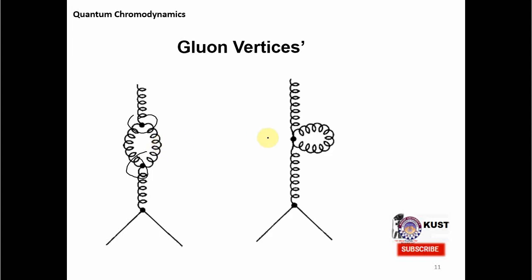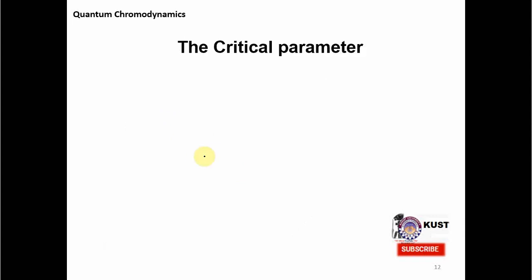We can also have different kinds of gluon vertices, as you can see here, another gluon vertex. The problem is that these gluon vertices act in the opposite direction, reducing the strength of the force. So when we decide how strong the force is, we also have to consider these gluon vertices.